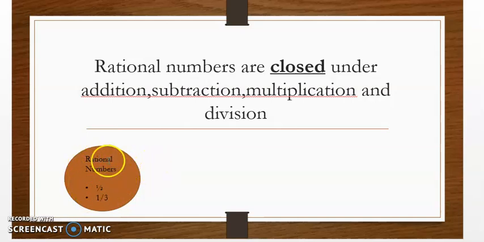The answer will always be somewhere inside this bag. So if you take any two rational numbers and add, subtract, multiply or divide them, your answer will again be a number inside this bag. It will not be an irrational number outside the bag. That is why we call them closed.